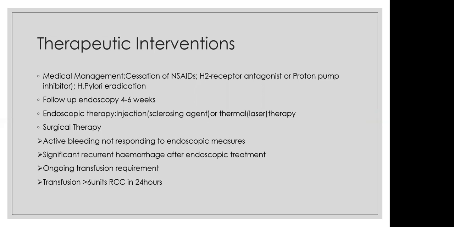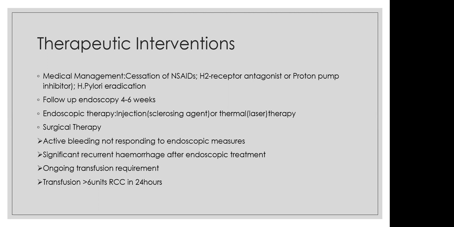So with the peptic ulcers, medical management includes stopping NSAIDs, administration of H2 receptor antagonists or proton pump inhibitors, as well as Helicobacter pylori eradication. For most of these patients, it's advised that a follow-up endoscopy should be done in 4 to 6 weeks. Endoscopic therapy while doing the endoscopy includes injection or thermal therapy.